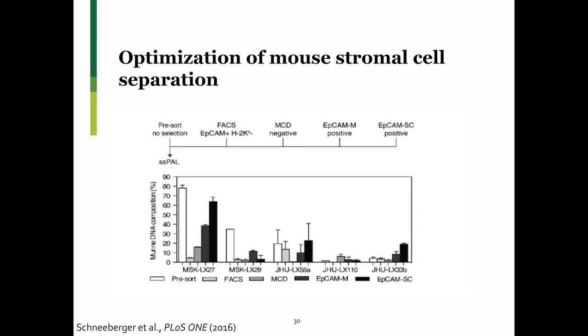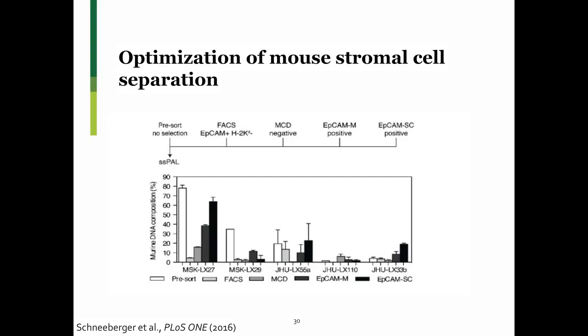So what we did was dissociate some tumors, and then audition different approaches to purify out the tumor cells, and then use as our gold standard quantitation by a PCR amplicon-based approach. So what we did for 5 different PDX was compare the pre-sort, which is the input, to FACS sorting, which we considered to be our gold standard.